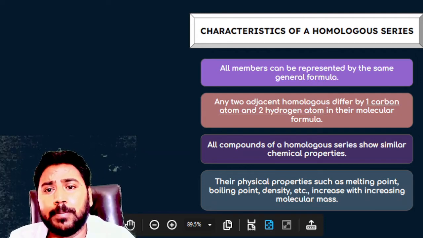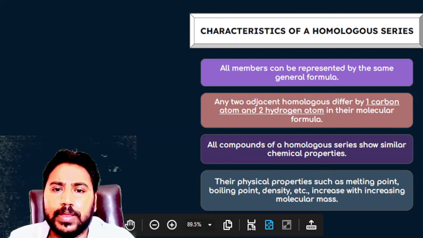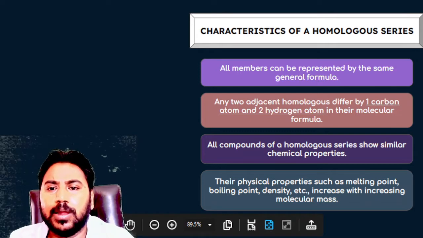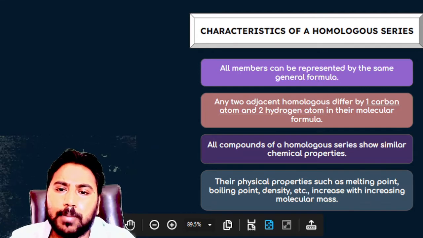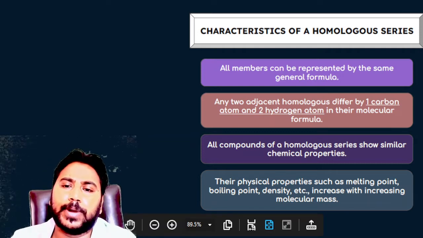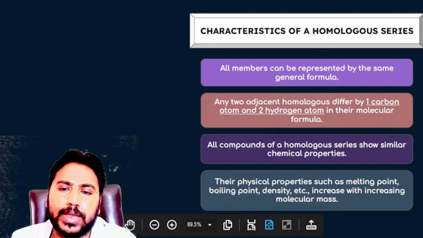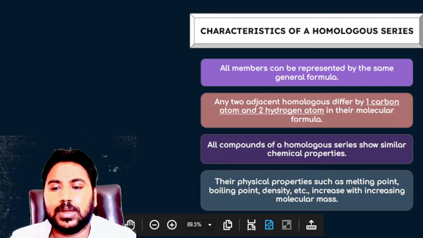First one is all members can be represented by the same general formula. Second one is any two adjacent homologues differ by one carbon atom and two hydrogen atoms in the molecular formula. All compounds of a homologous series show similar chemical properties. Their physical properties such as melting point, boiling point, density, etc. increase with increasing molecular mass.